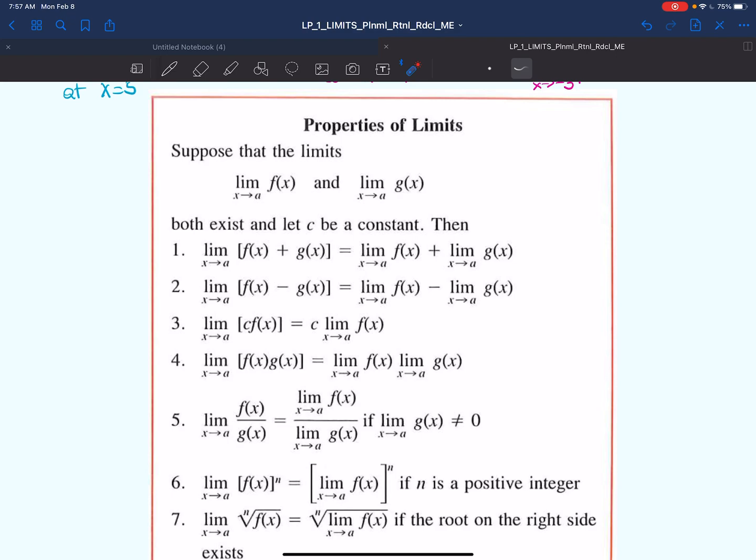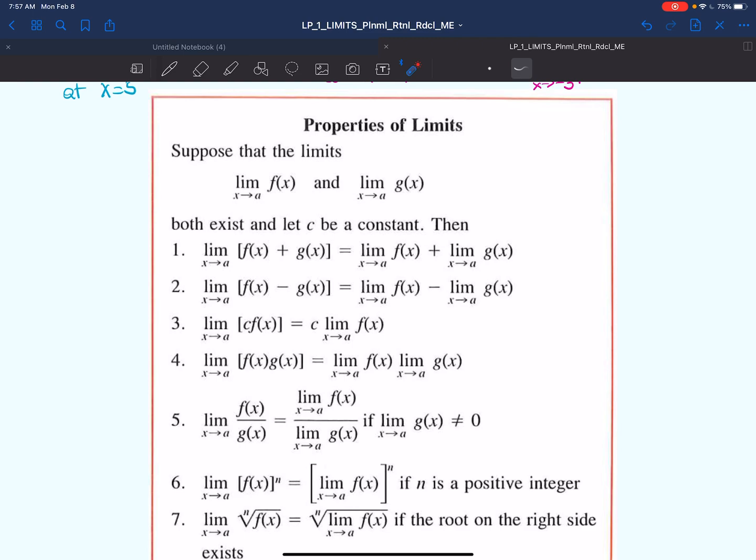If we have the limit of the product of two functions, that would equal the product of the limits. Same thing with the quotient. So the limit of the quotient of a function equals the quotient of the limits. Again, the denominator cannot equal 0. And the same thing with the power. We can take the power out.